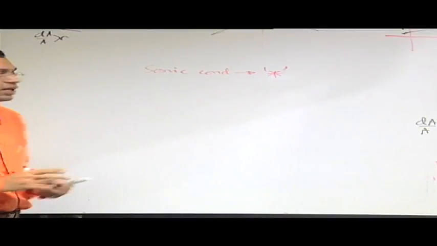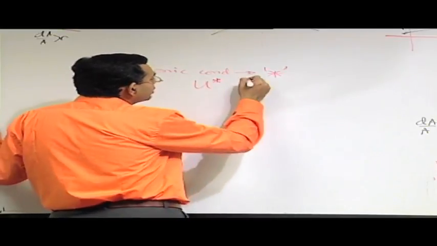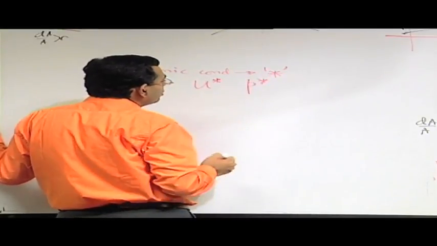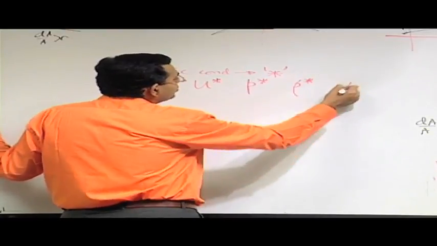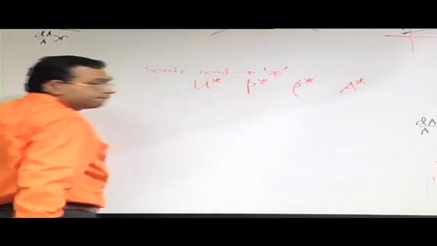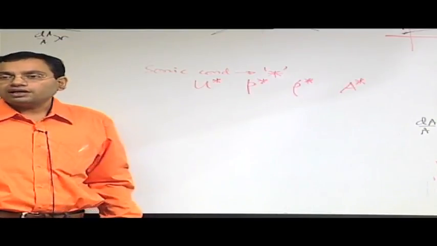So if at a state sonic condition is achieved, let us say the corresponding velocity is u, we call it u star, the corresponding pressure is P, we call it as P star, corresponding density as rho star, corresponding area as A star, like that. These star quantities are important because these are some important reference quantities. Remember that there may be cases when no sonic condition is achieved at all.